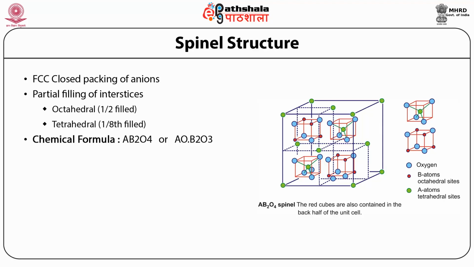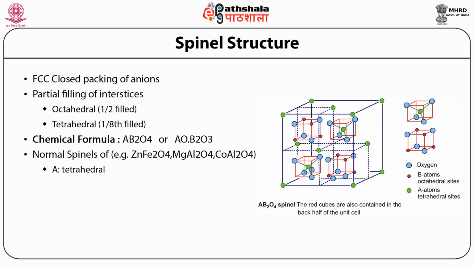So, if we talk about the normal spinel structure, the chemical formula is the same as AB2O4 and the examples are mainly aluminates, such as MgAl2O4, FeAl2O4 and so on. In this structure, all the A2+ ions occupy the tetrahedral sites, whereas all the B ions occupy the octahedral sites.